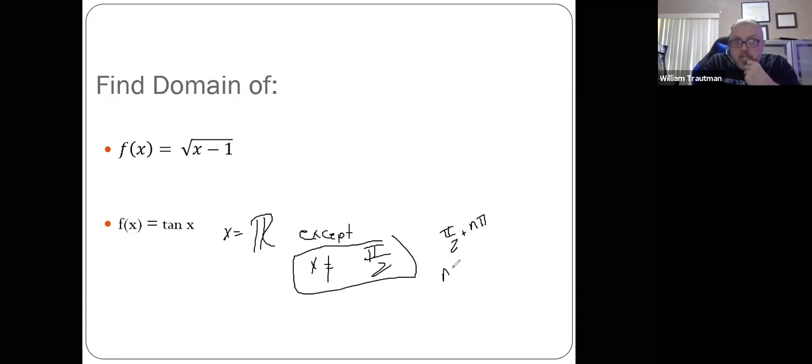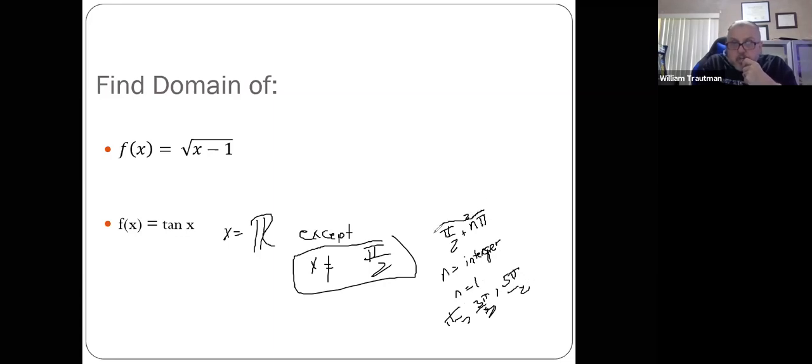So starting with n equals any integer, if n is 0, then you have pi over 2. If n is 1, then you have 3 pi over 2. That's an asymptote. Pi over 2, 3 pi over 2. If n is 2, 2 pi plus a half pi is 5 pi over 2.